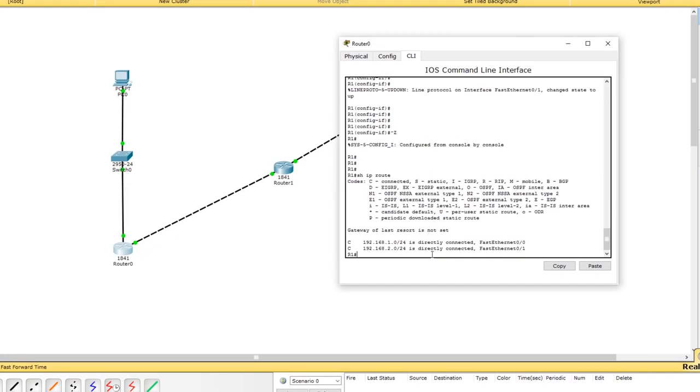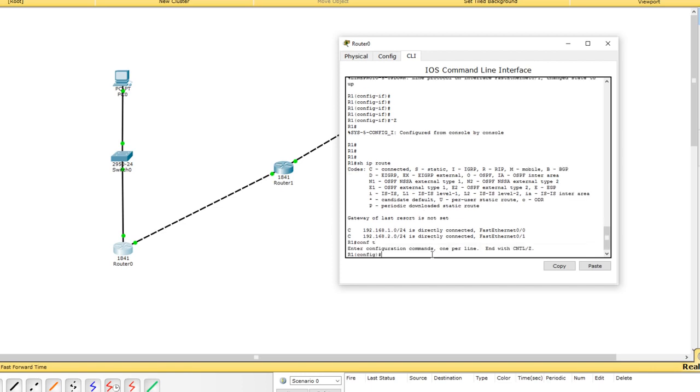So I'm going to go here, and routing is done in global configuration mode, and this is static routing. If you want to do dynamic routing, that is done in their own sub configuration modes, right? So at the moment it's global configuration mode. I will type IP route, right?